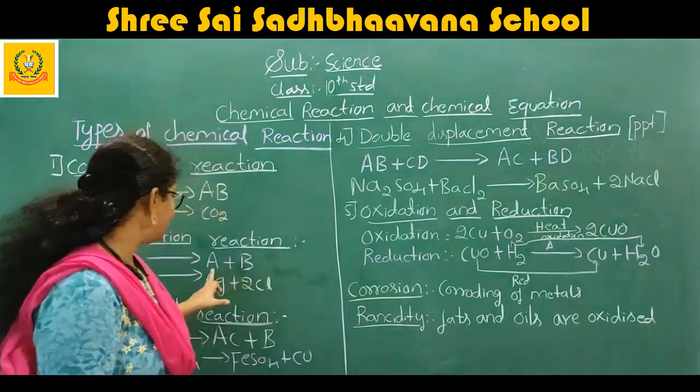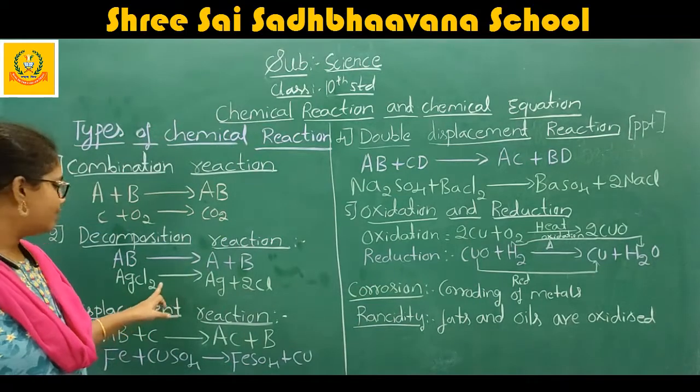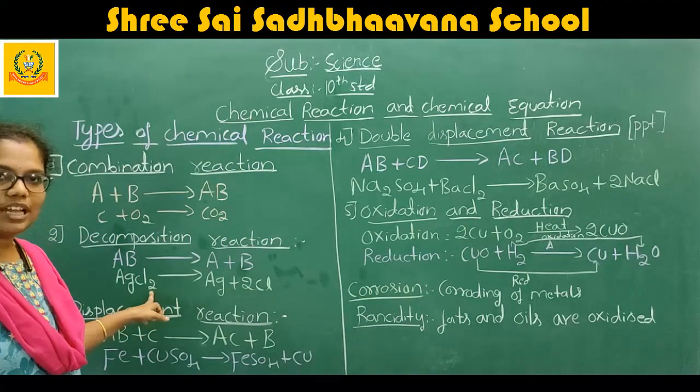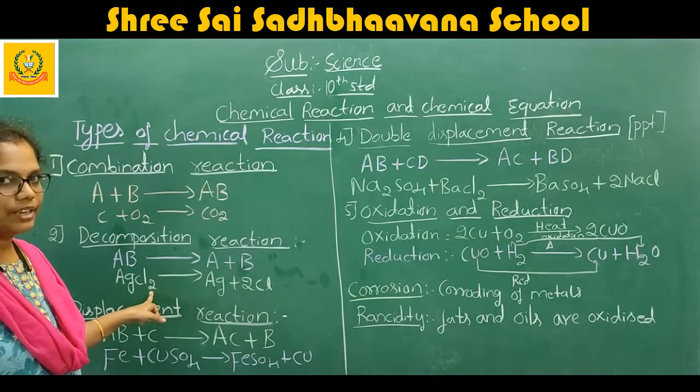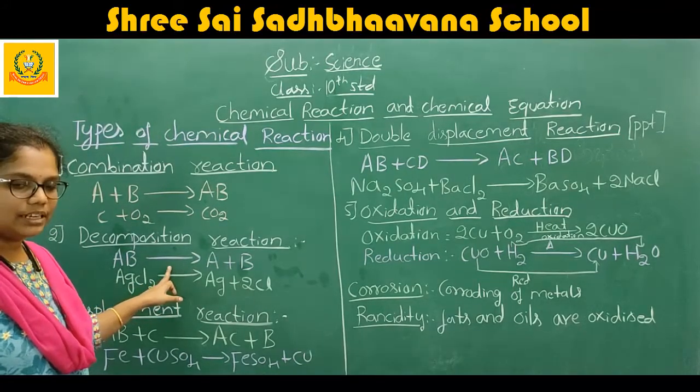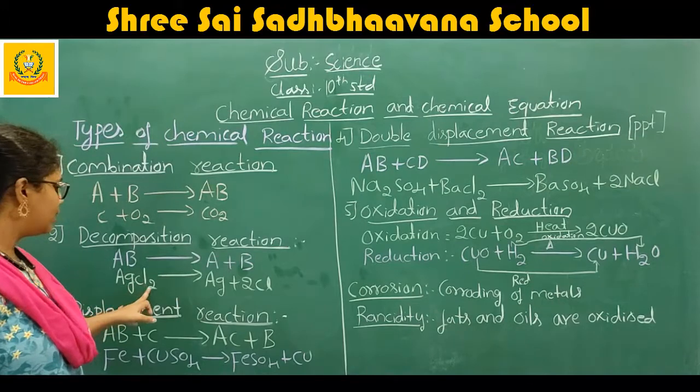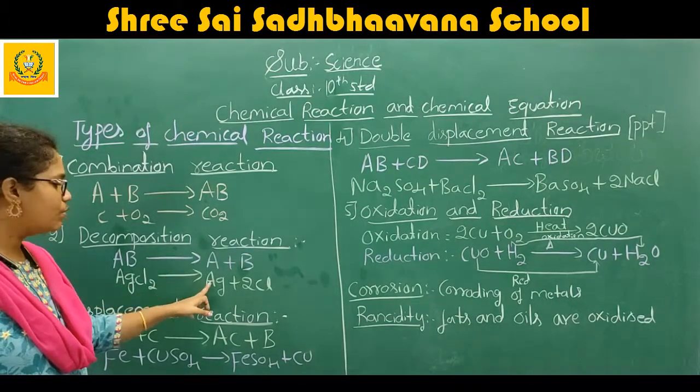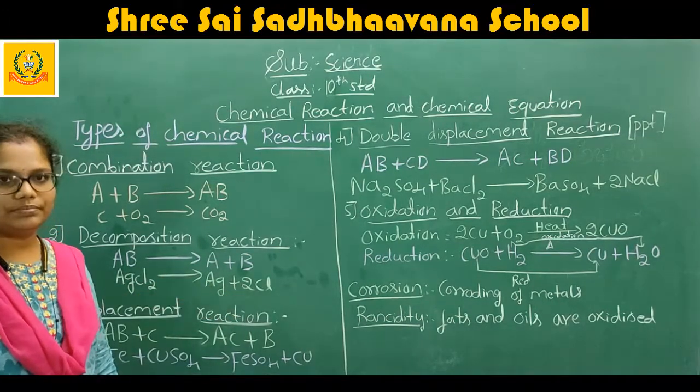I have written the example here. This is the example for the decomposition reaction using sunlight. When silver chloride is exposed to sunlight, it forms silver and chlorine.